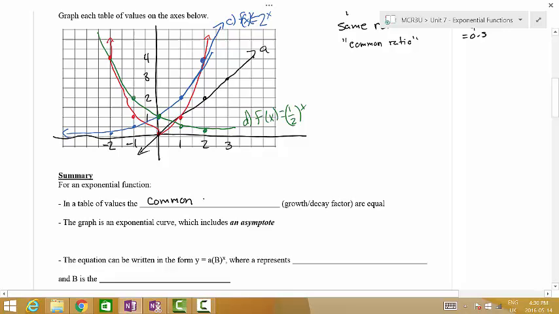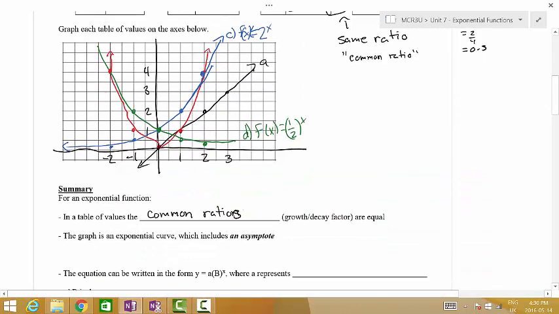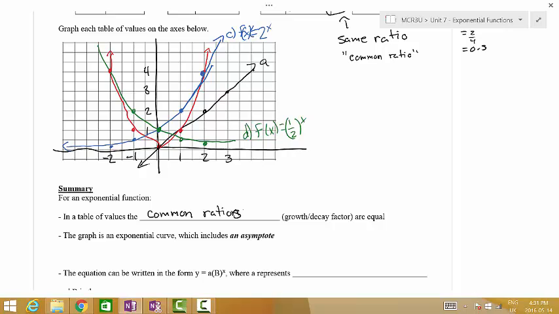In order for this to be exponential, if we have our points lined up from smallest x value to biggest x value, and we take the y value and divide it by the one above it, if we get the same thing every time, like we have here and here, then that means we have an exponential function. For C we were multiplying by 2 every time to get the next y value. For D we were multiplying by 0.5 every time to get the next y value. We call that a common ratio.